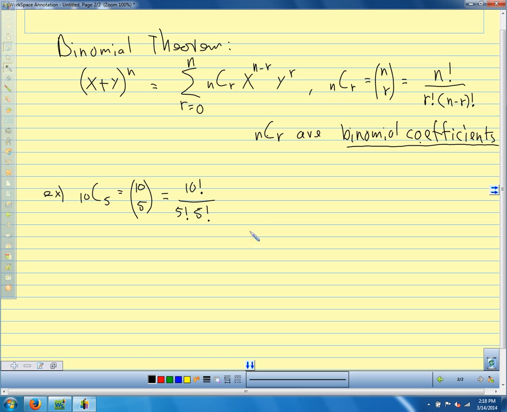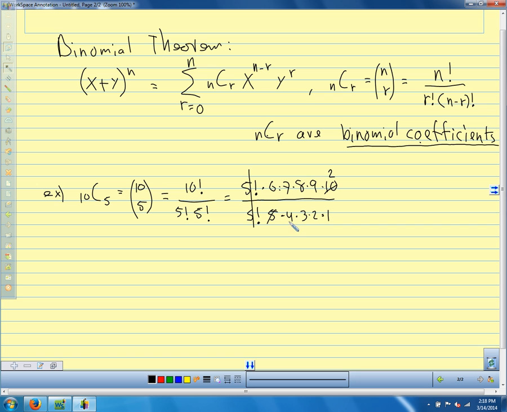So to do this by hand, I'm going to write 10 factorial as 5 factorial times 6, times 7, times 8, times 9, times 10, divided by 5 factorial times 5 times 4 times 3 times 2 times 1. Well, the 5 factorials cancel. I'm going to cancel that 5 with the 10 and I get a 2 there.